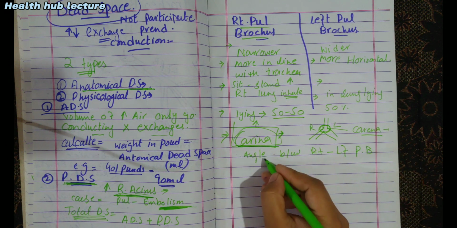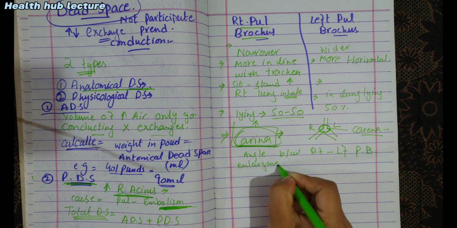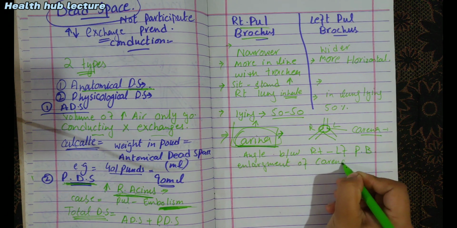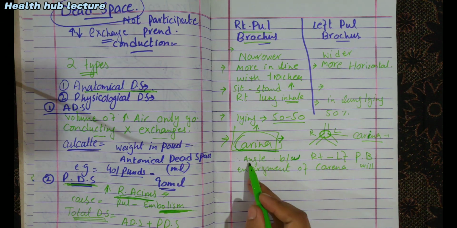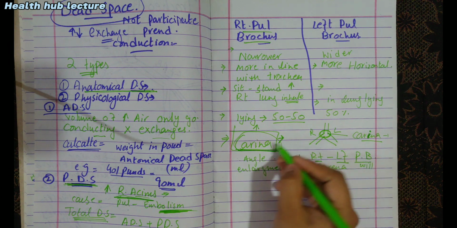Okay, the angle between the right and the left pulmonary bronchus is called the carina.